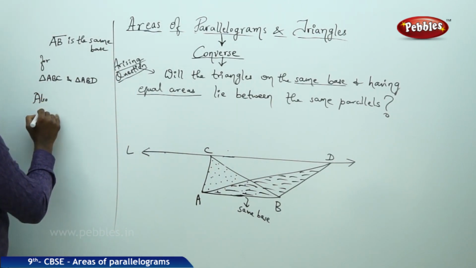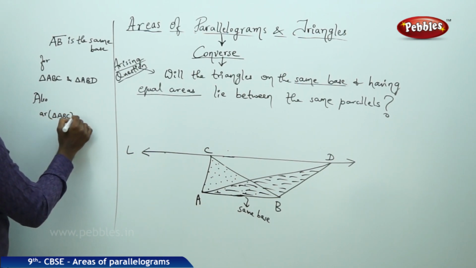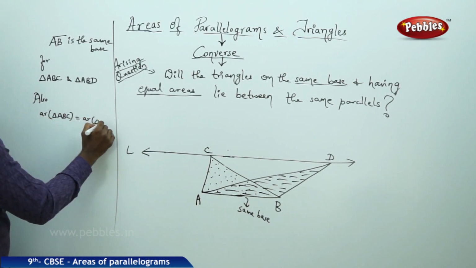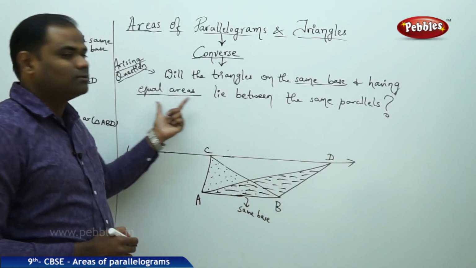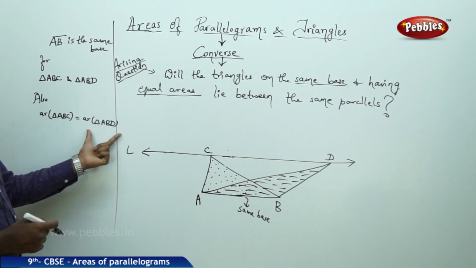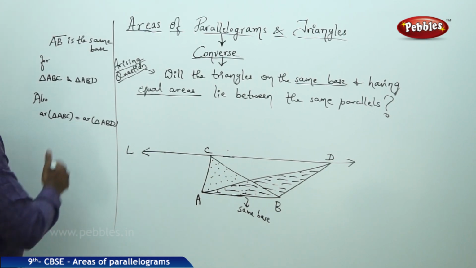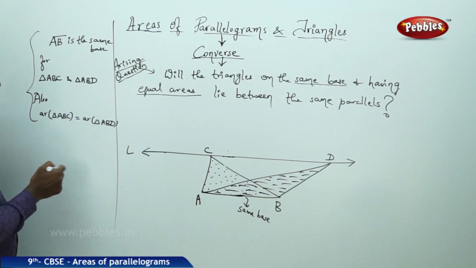Also, area of triangle ABC is equal to area of triangle ABD. These two triangles are considered in such a manner that they have equal area. Therefore, the two triangles chosen here must have equal areas. So with these two conditions, let's see if the two lines are parallel.